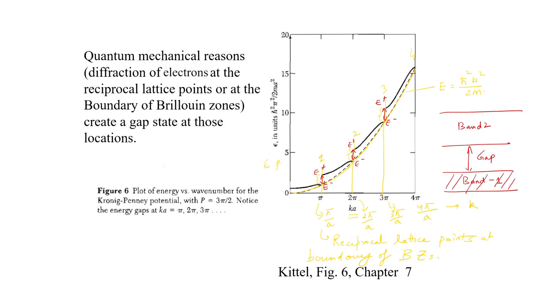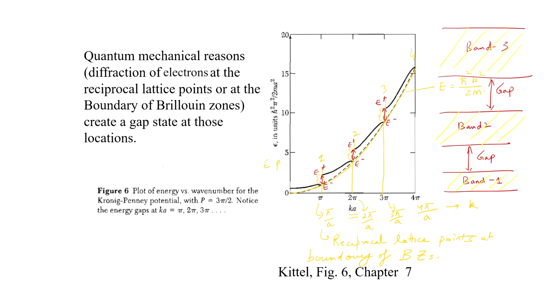Let us say I do not use the red color, just to avoid confusion. I can plot it using the first band, this is the second band, and followed by this you will have another band, which is the third band. This is band 3, again we have a gap, and then again we have a band.